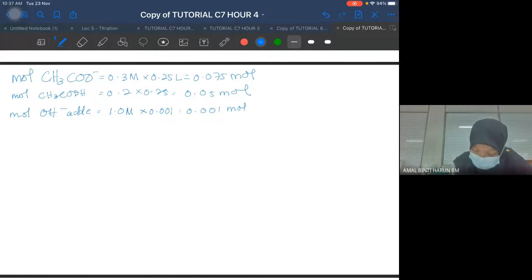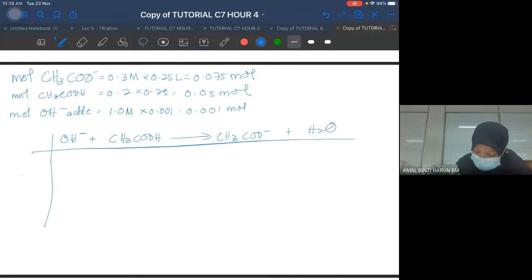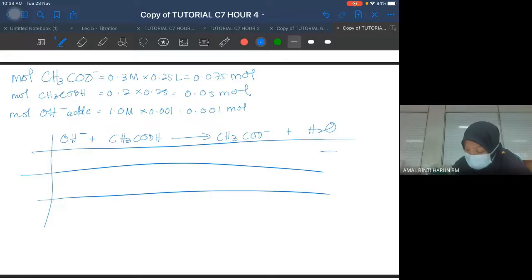So bila kita tambah OH minus, it will be neutralized by the acid component of the buffer. Okay, so one headed arrow because dia tak reverse lagi untuk menghasilkan strong base yang baru tu. So it will produce CH3COO minus plus H2O. So in our expression, water is not included.